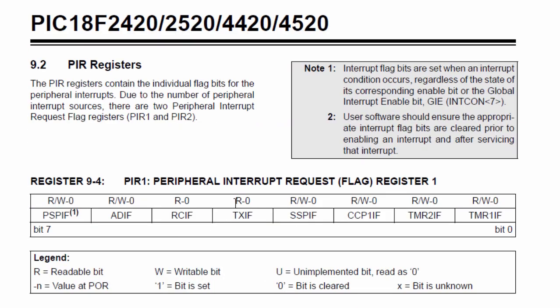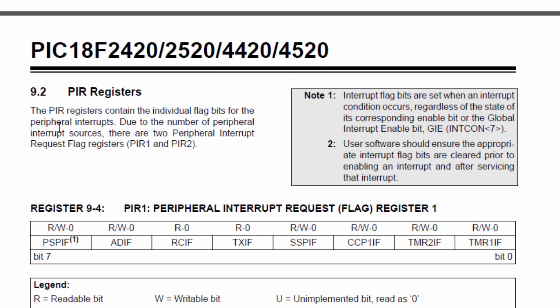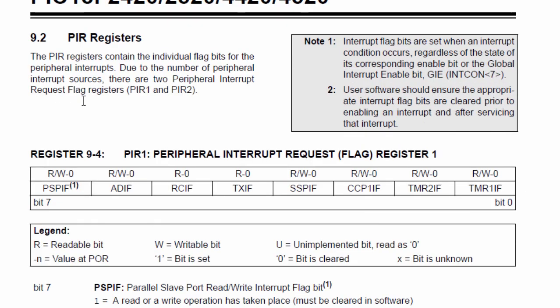But what is more important for us is the PIR register. The PIR registers contain the individual flag bits for the peripheral interrupt. Due to the number of peripheral interrupt sources, there are 2 peripheral interrupt request flag registers, PIR1 and PIR2.